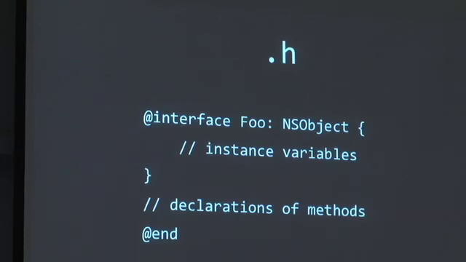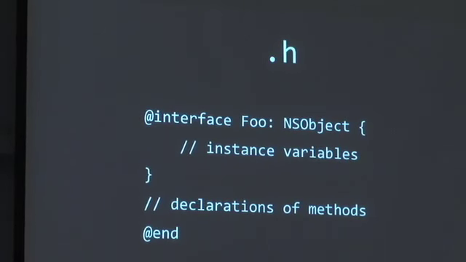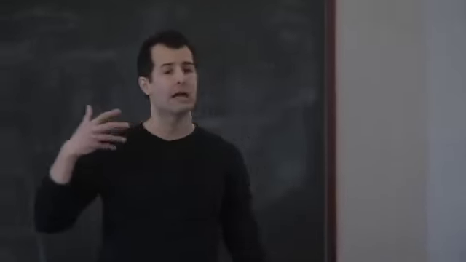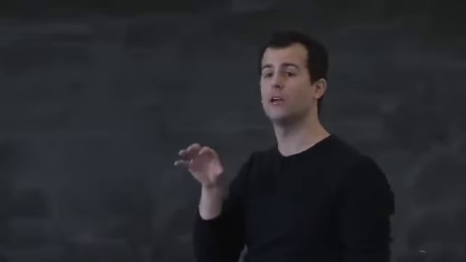Because we're using Objective-C, it will almost always descend from NSObject or something else, so that you at least get some base functionality from the entire framework. Open curly brace, close curly brace. And inside those curly braces, as the comment here suggests, that's where you put your instance variables. Things like a student's name, things like a student's year, and any of that kind of data that you want to encapsulate inside of this object.